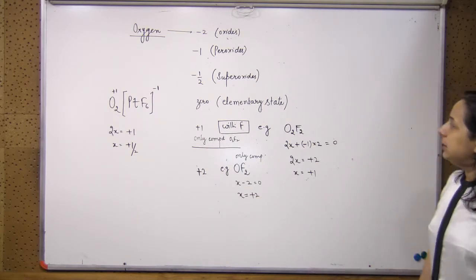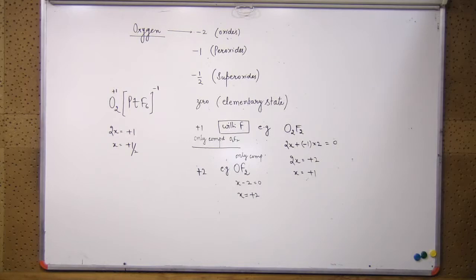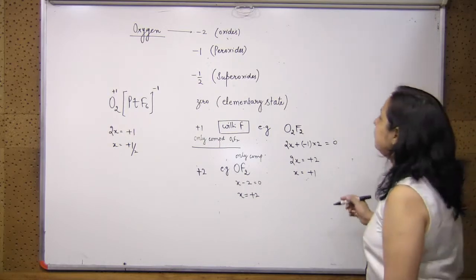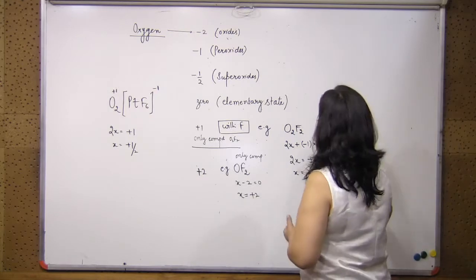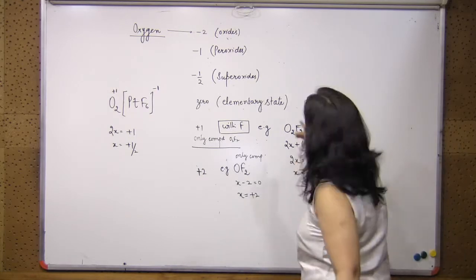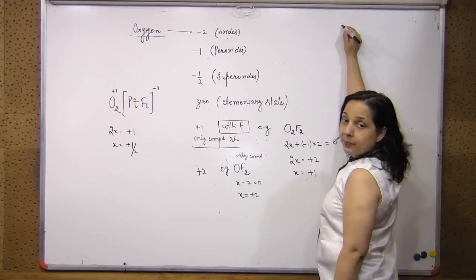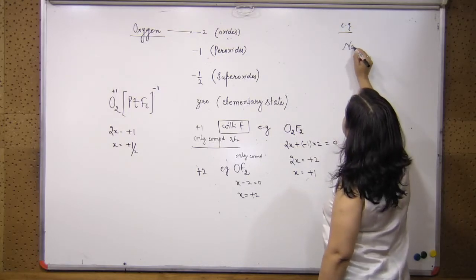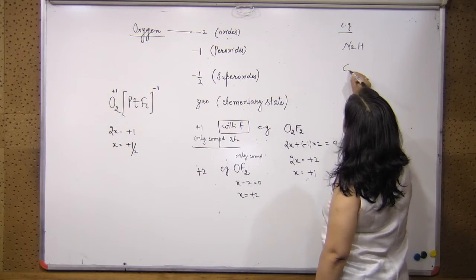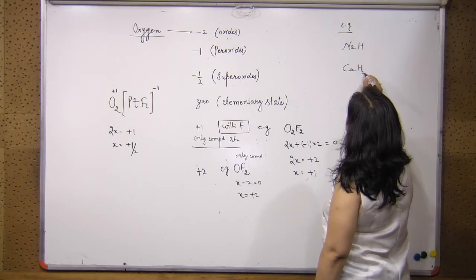Now we have oxides, peroxides and superoxides. How do we come to know whether this is an oxide, peroxide or superoxide? For this information, we will discuss some examples. Let's start. I write NaH, CaH2.